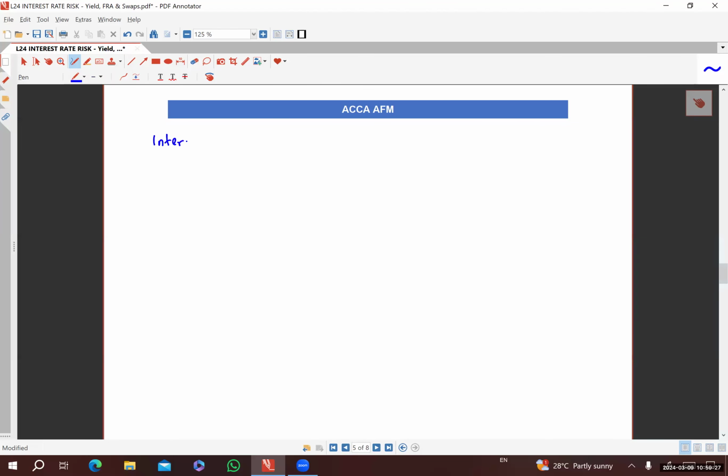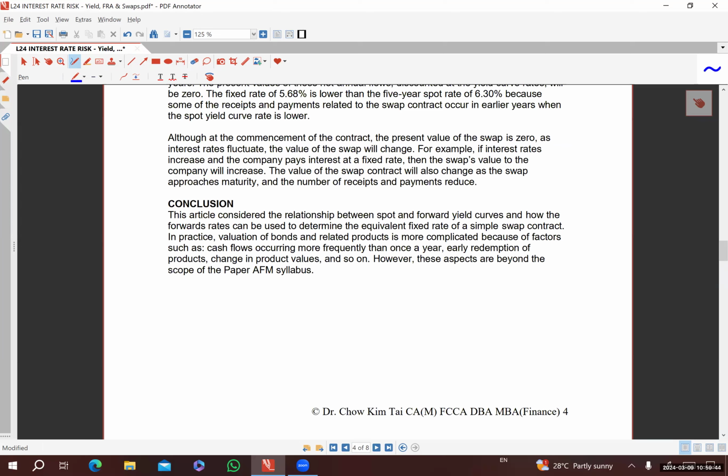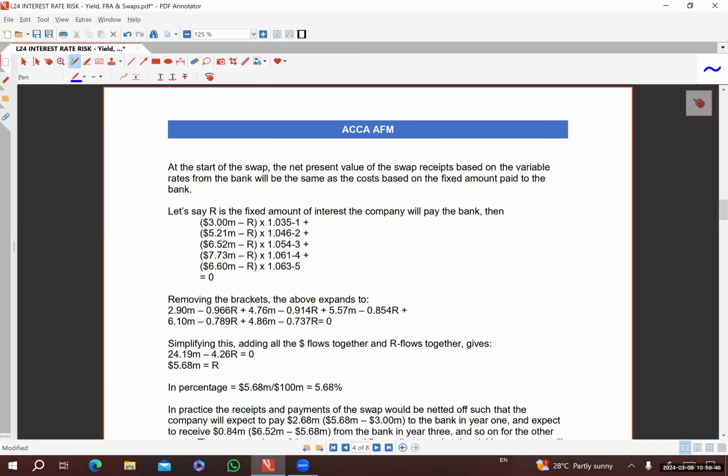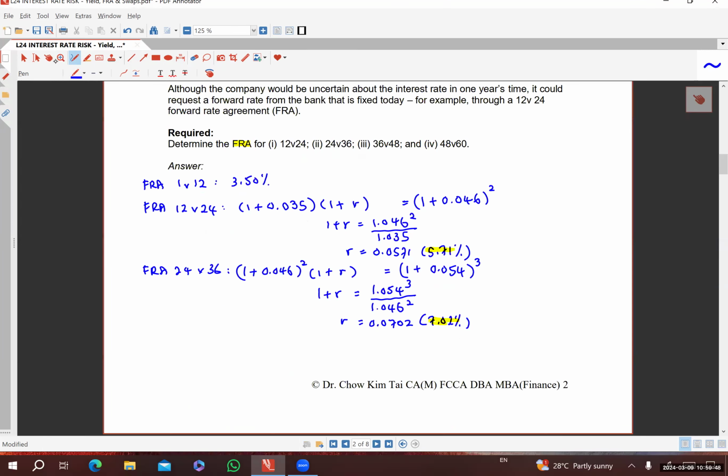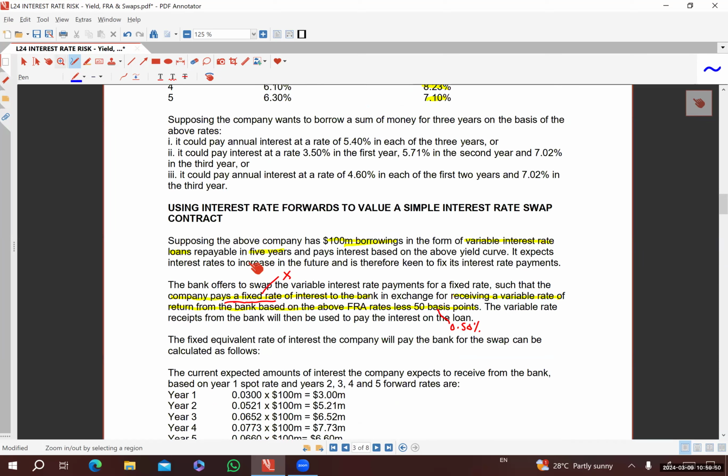So an interest rate swap. The loan is how much? $100 million. A 5 years loan.